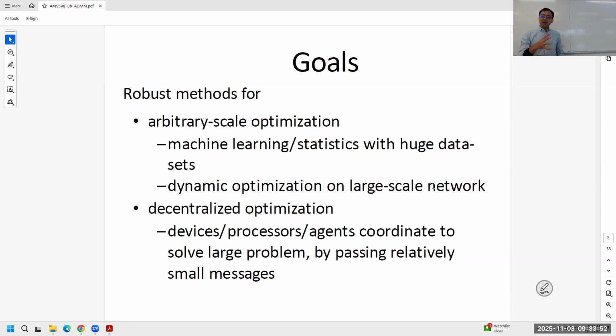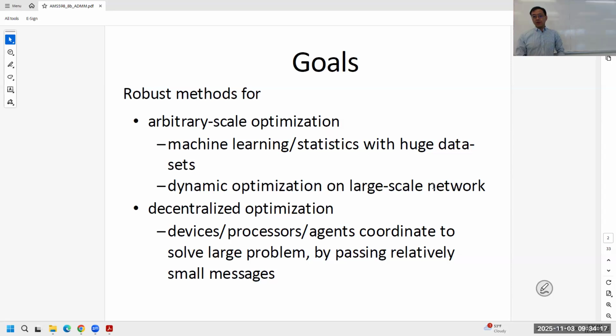At the same time we also have a central node to control the process. We make this local optimization, which is a small job, and then use some algorithm to merge them together to achieve so-called global optimization. So this is the goal for the ADMM.